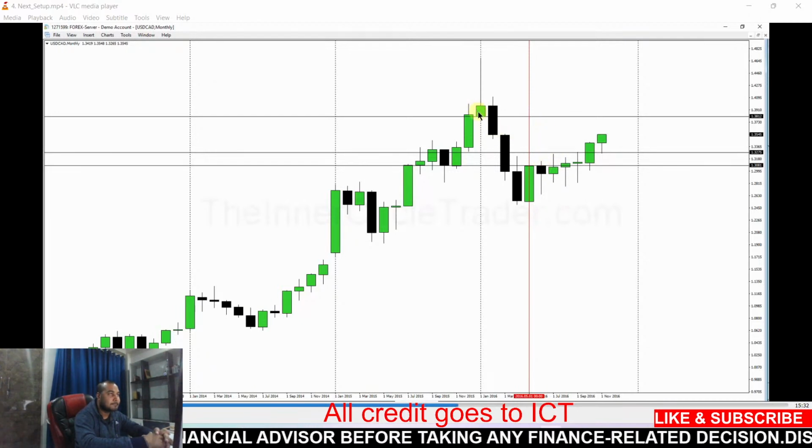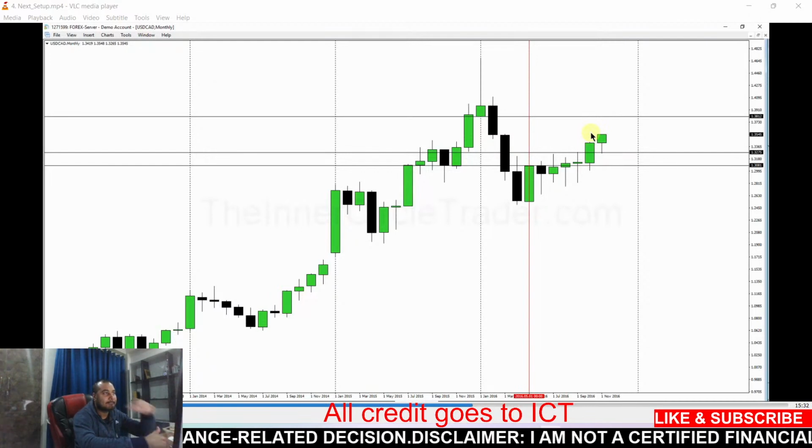If the market trades up into an up candle, you find the most recent down candle, which will be over here. That would be your range for the downside. So we still have upside to go for dollar CAD on a monthly basis.